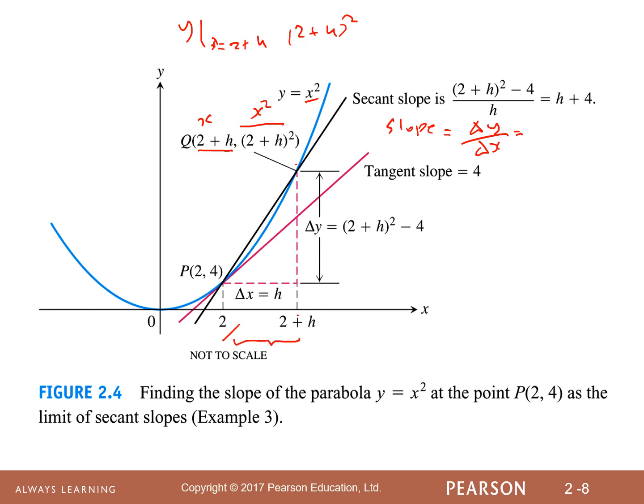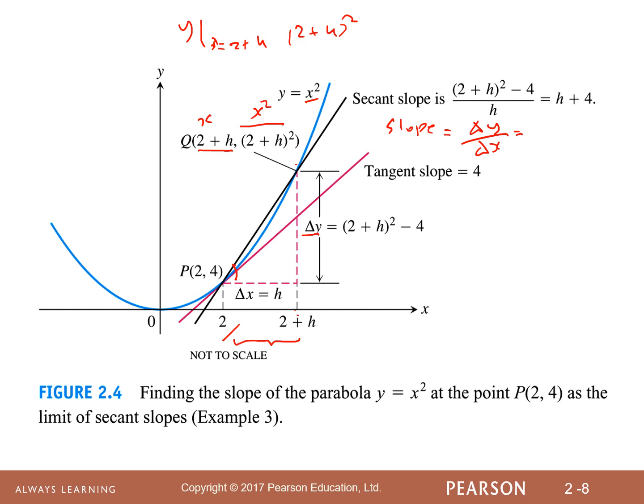Everybody's following? Okay, so this dotted line, what is the length of this dotted line? Delta y, which is equal to what? (2 plus h) squared, which is all the way until this point. But if we want the tangent to this line, we don't go down, because we want just this.